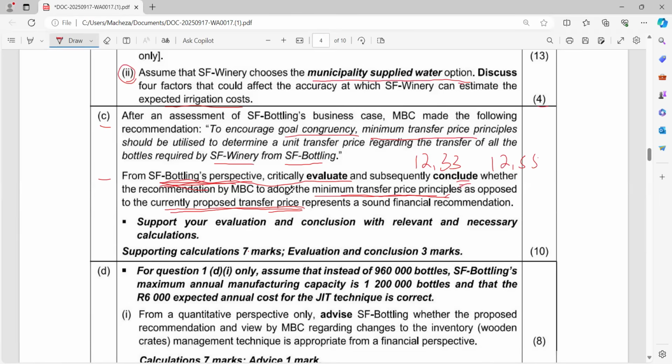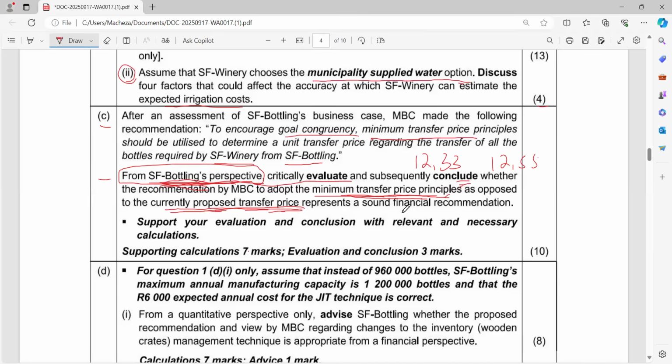I was like, no, but let's check what is happening. What's the key word here? SF Bottling's perspective, which means we are looking at SF Bottling. That's the one that we should consider in our recommendation with regard to moving from the current proposed transfer price to the minimum transfer price.